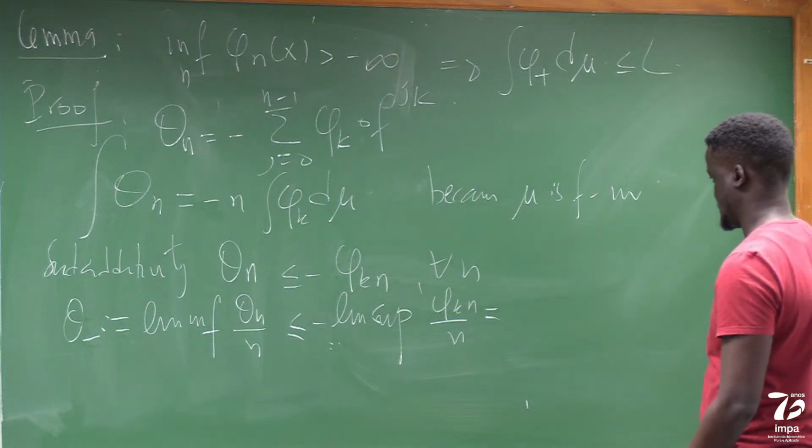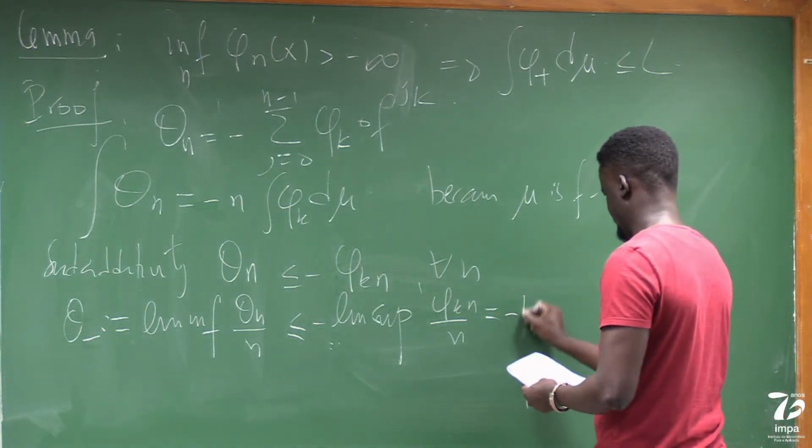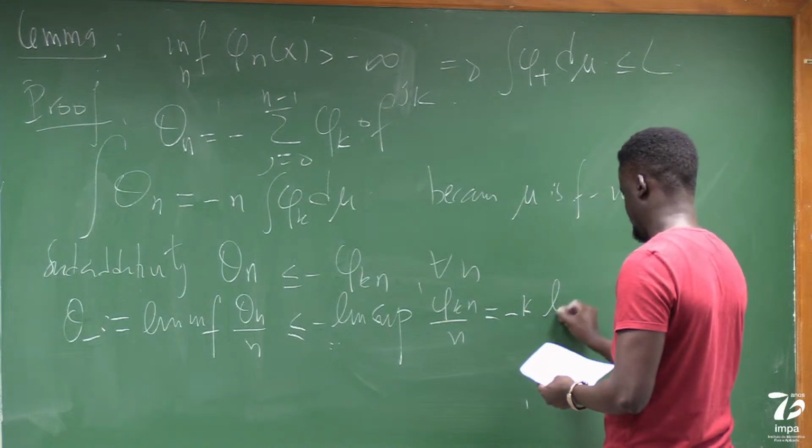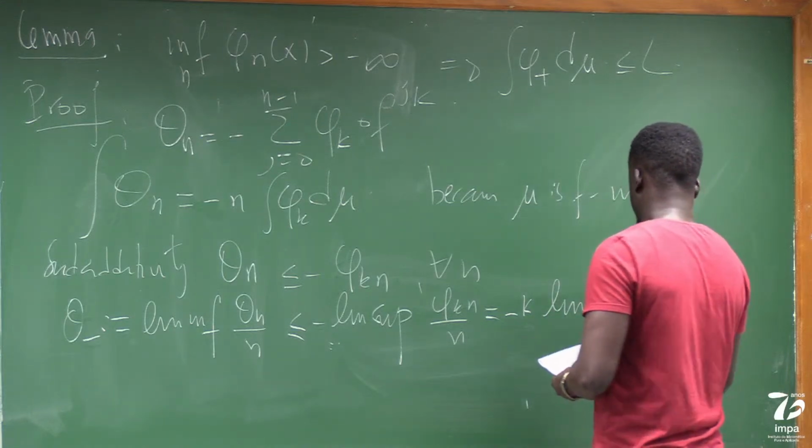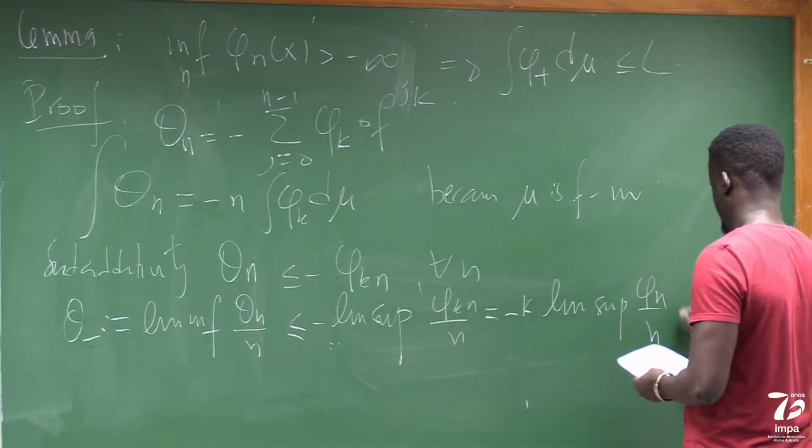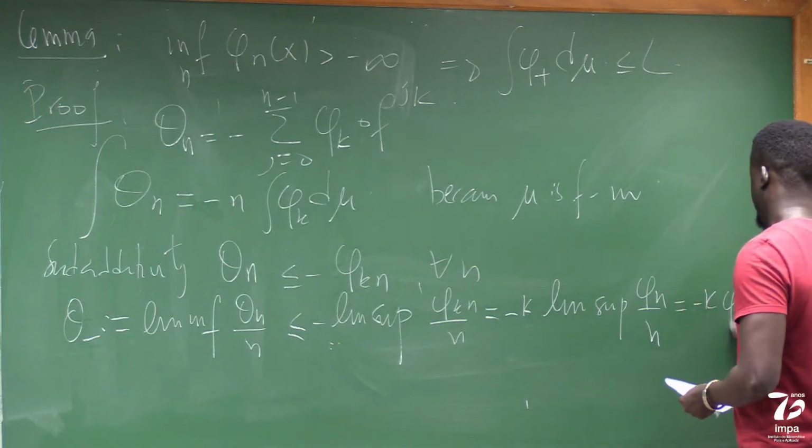This is a step that requires a proof, but I will just explain how it works: the lim sup of phi k n over n is k times the lim sup of phi n over n, which is k phi plus.